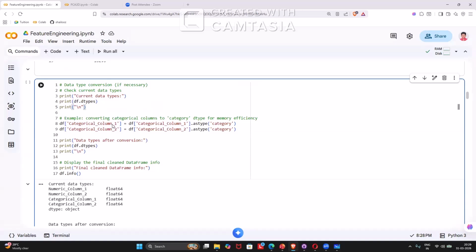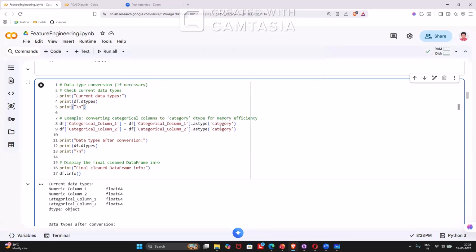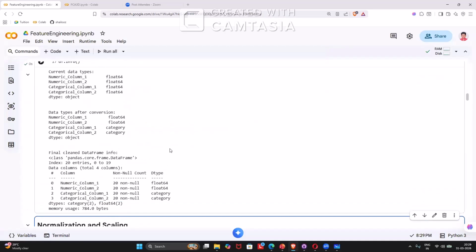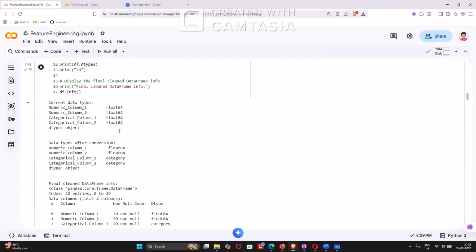So we can convert that type using the function astype. Column name dot astype category. Then it will convert it into categorical values. See, previously it was float, now it is category.